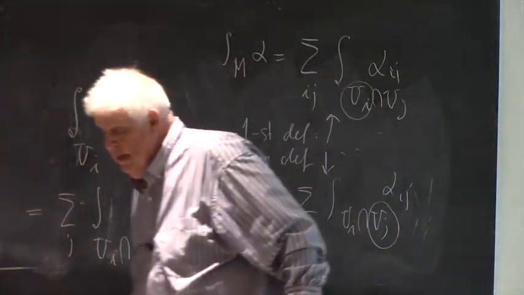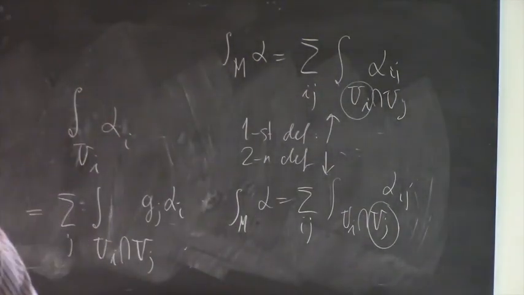But the integral is calculated in terms of different coordinate systems, which you know separately from calculus. This is the same. But also we know that Ui and Vj should be orientably compatible.